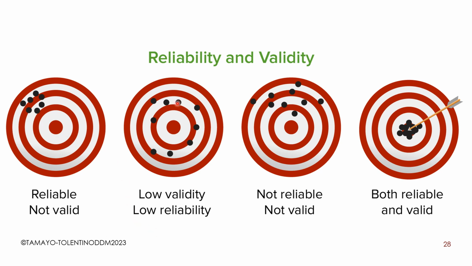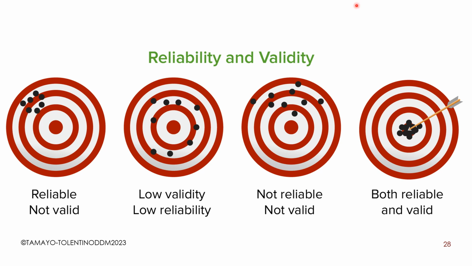The second diagram depicts an assessment that has low validity and low reliability. Both qualities are low because the results are not in the center, but there is a tendency for consistency because the results are concentrated between the second and the third circles.